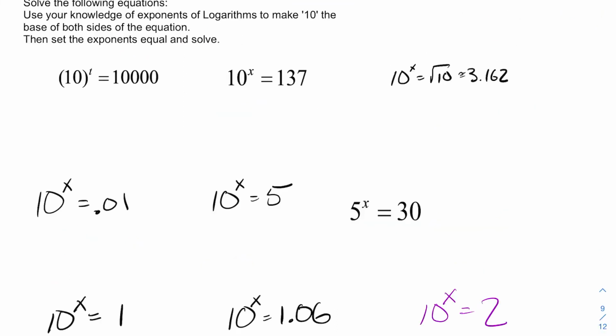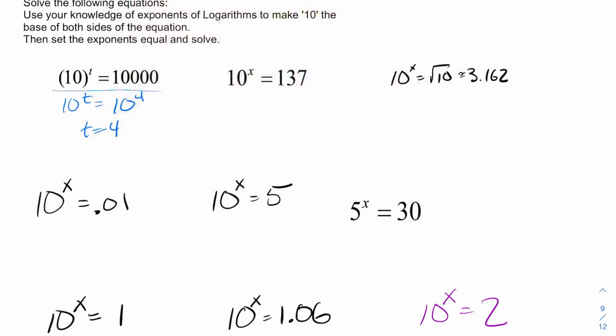So here we're going to work with base 10 in a lot of examples, and I'm going to try and show you how to think about logarithms so that you can solve these problems. So this first problem, 10 to the t equals 10,000. Well, we know 10,000 is a nice number, and we can write it as 10 to the fourth, so t equals 4.